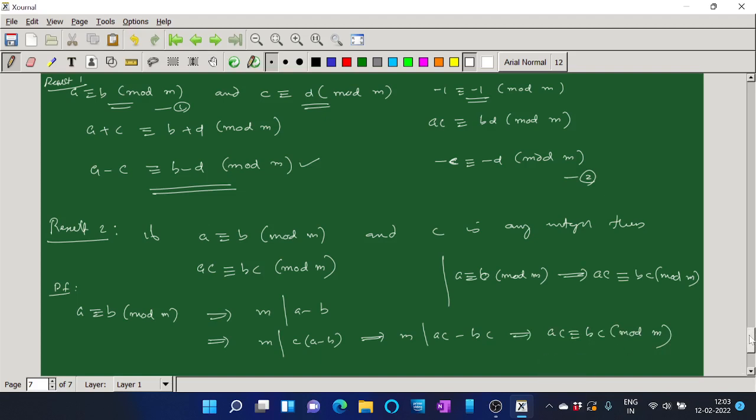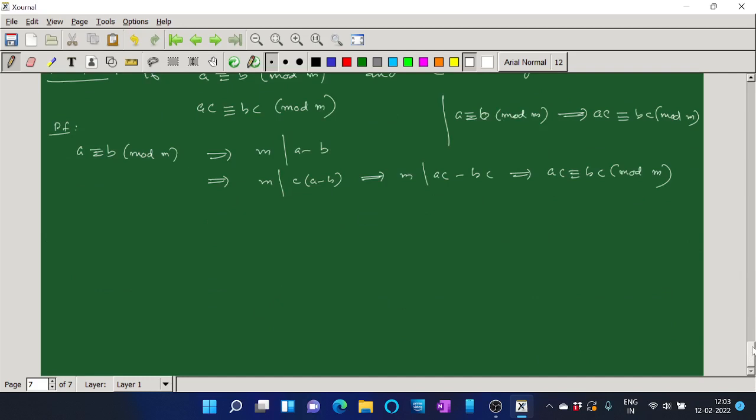For example, we know 8 is congruent to 3 mod 5. You multiply by some number, 4 for example. Let C be 4. So we are expecting 8 into 4 is congruent to 3 into 4 mod 5.